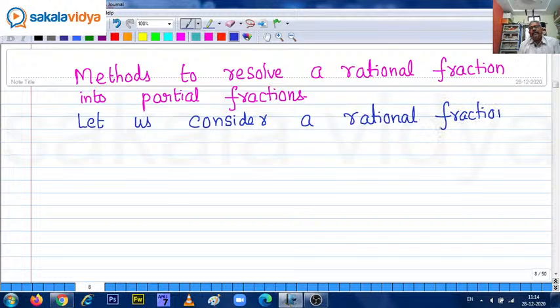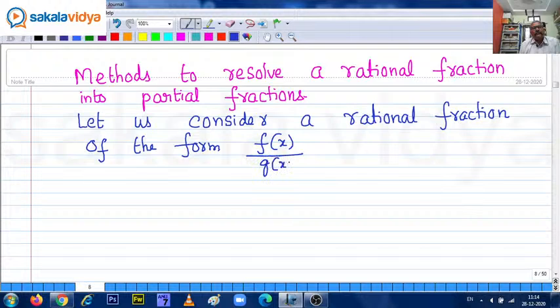Now you are able to define a rational fraction of the form f of x upon g of x. In that we shall discuss method number 1, or type number 1, you can say.